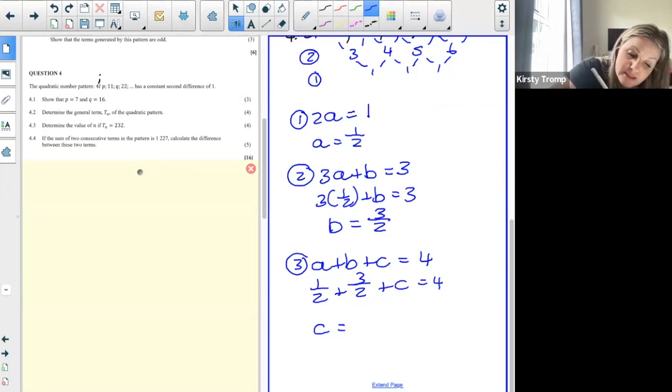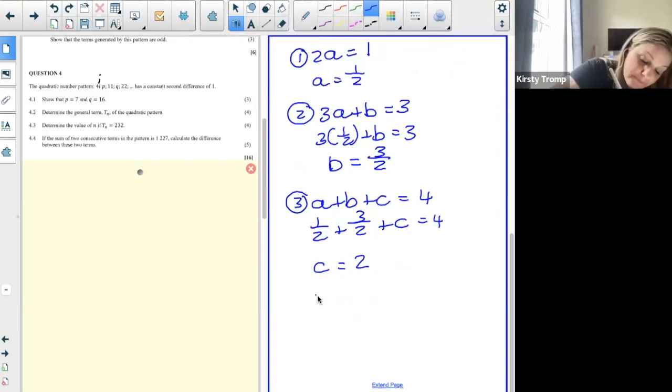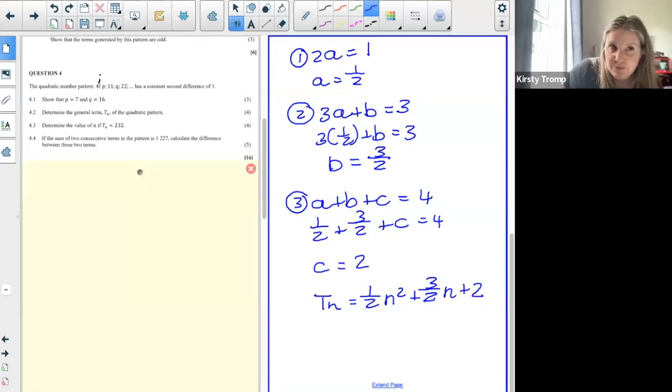I'm left with C equal to 2. So my final answer: Tn equals a half n squared plus 3 over 2 n plus 2.